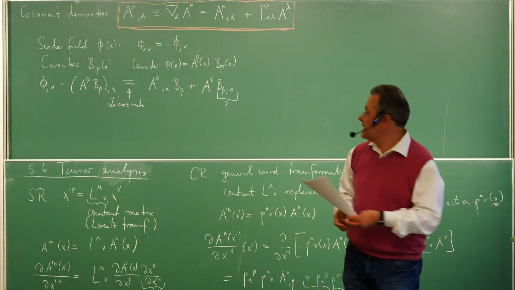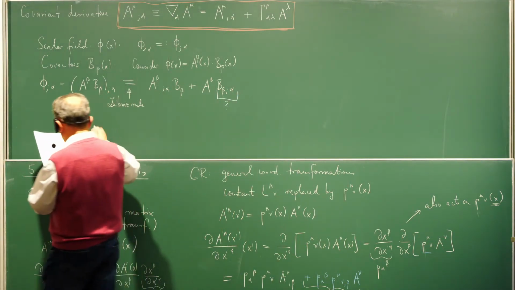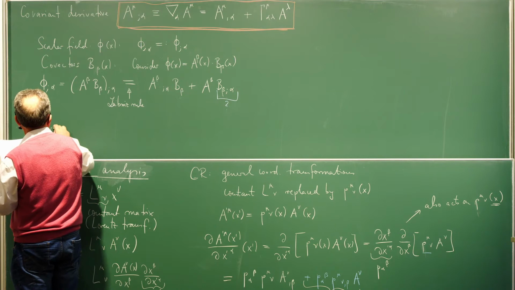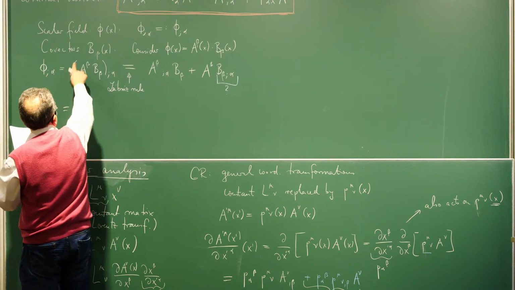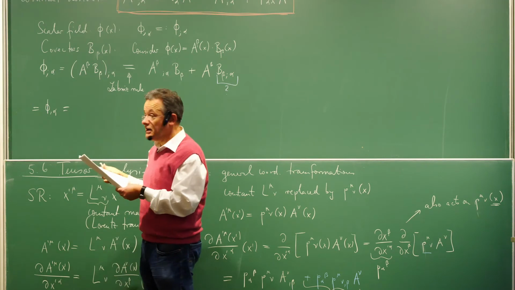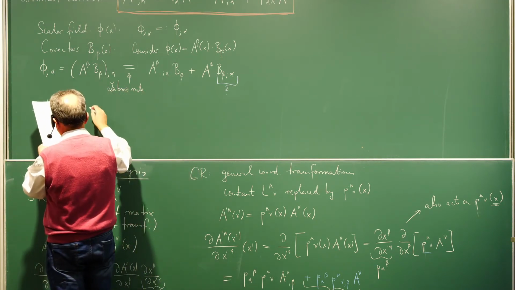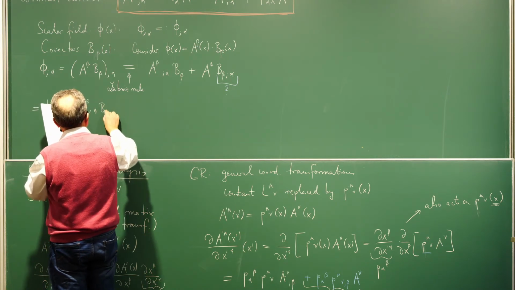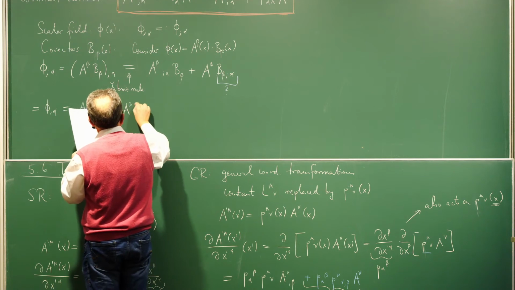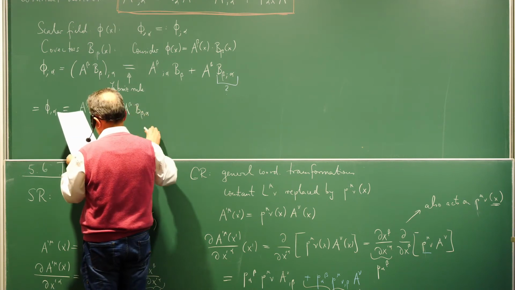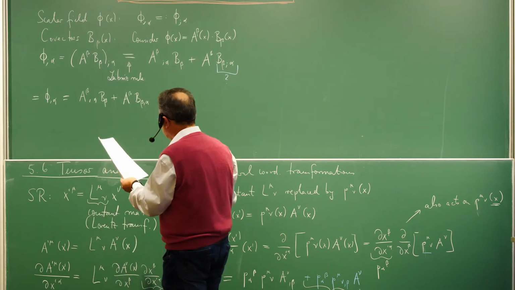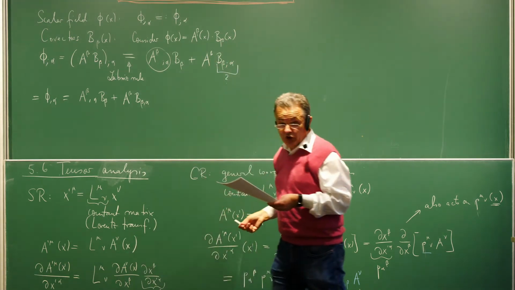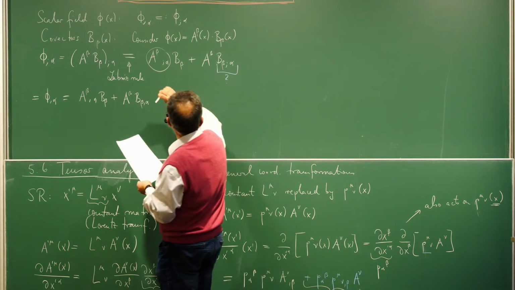Now that's a simple exercise because here this is the same, from this rule, as phi comma alpha. So it's the same as this comma alpha, and if you apply the standard Leibniz rule, you get a beta comma alpha b beta plus a beta b beta comma alpha. And so you see here we insert what is written on top, the definition of the covariant derivative.